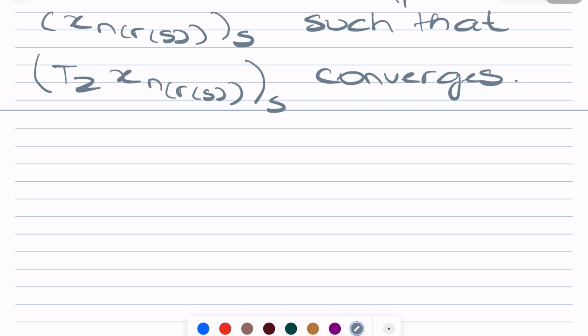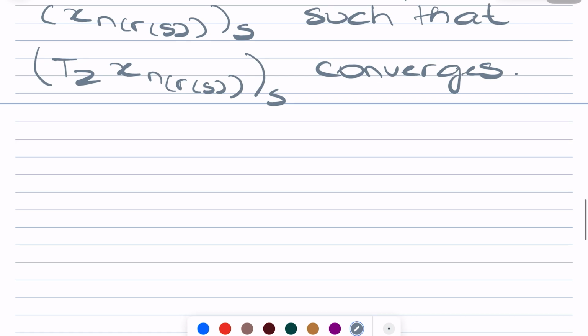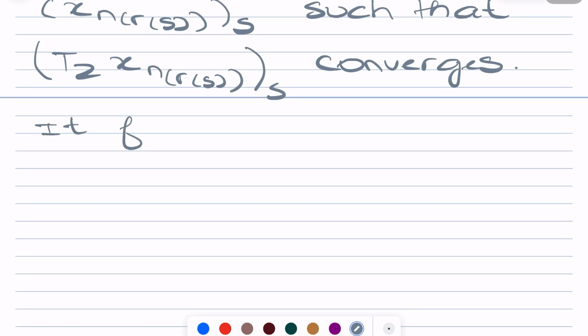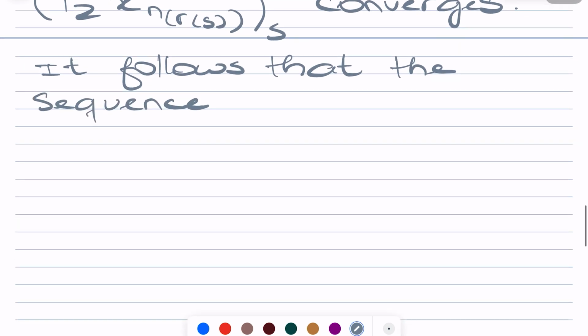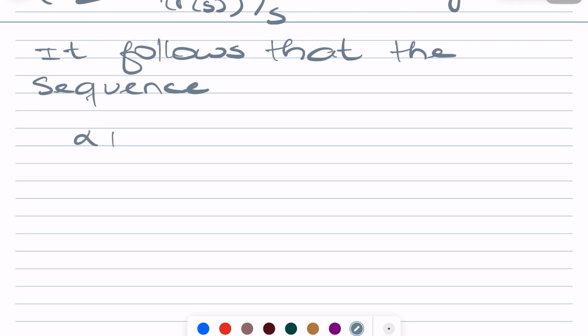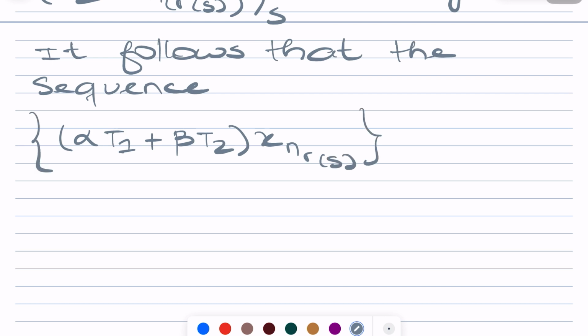Now you know that the sum of two convergent sequences converges. So it follows, by linearity of course, that the sequence alpha T1 plus beta T2 of x_{n_{r_s}} converges.